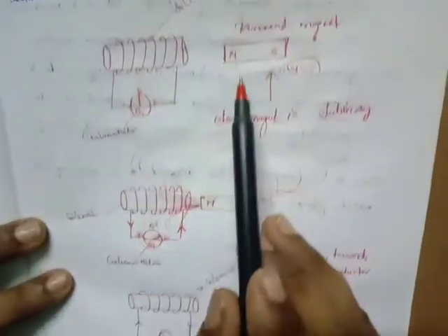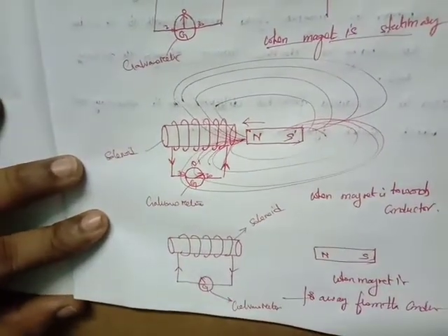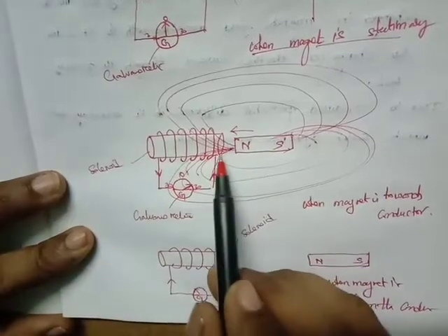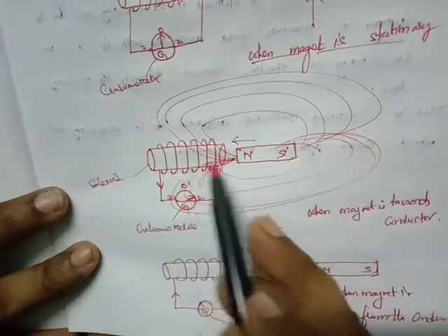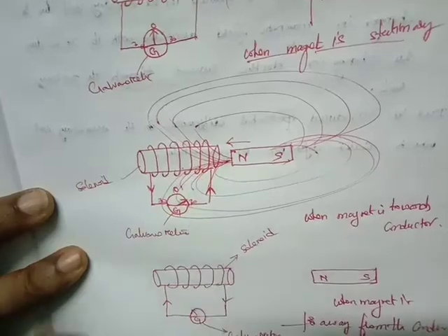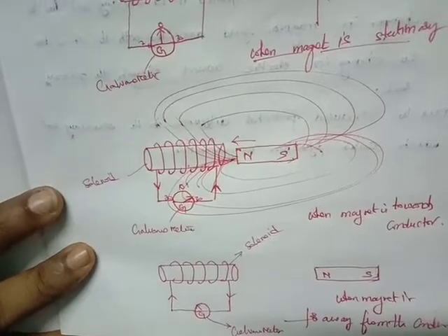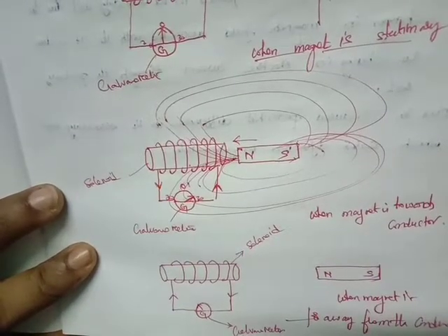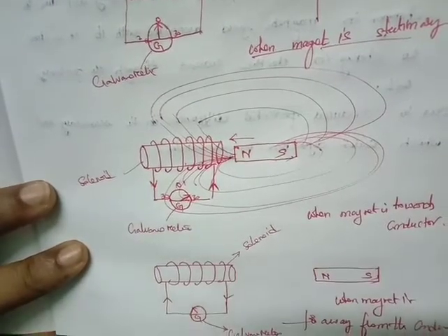In the second case, unlike the previous stationary case, the magnet moves towards the solenoid. When it moves towards the solenoid, the magnetic field is absorbed by the solenoid, and current is produced in the copper wire. We learned this at the beginning of this chapter, how current can be produced in a copper wire by a magnet.